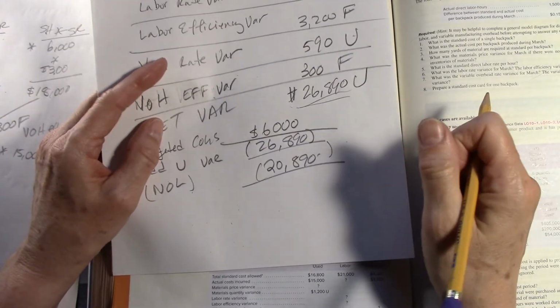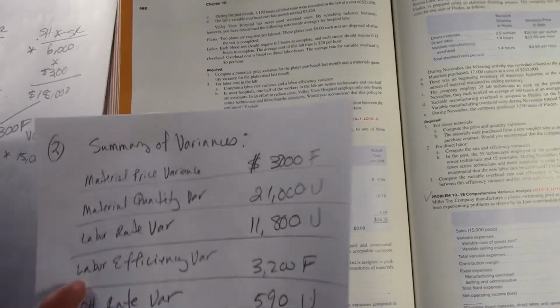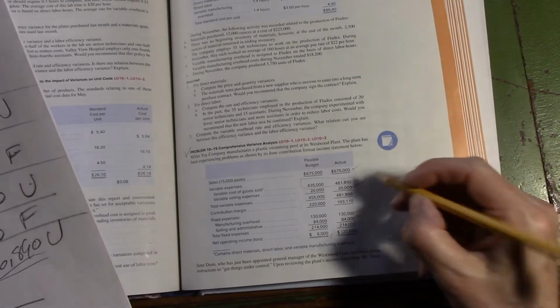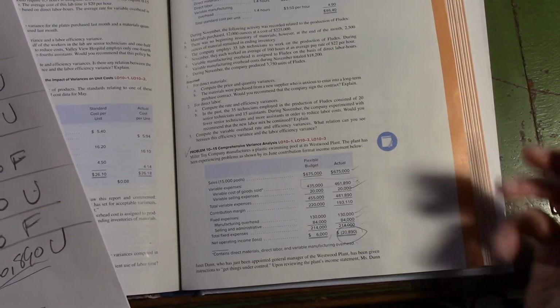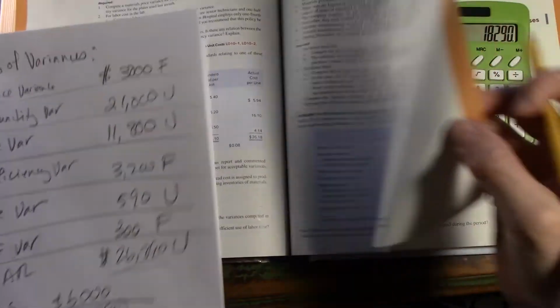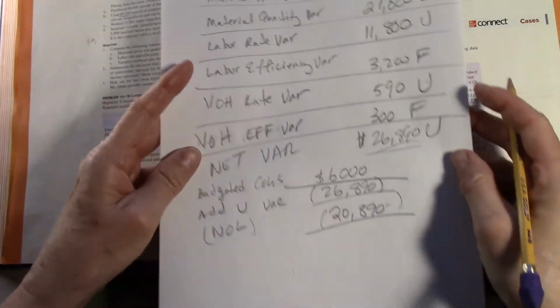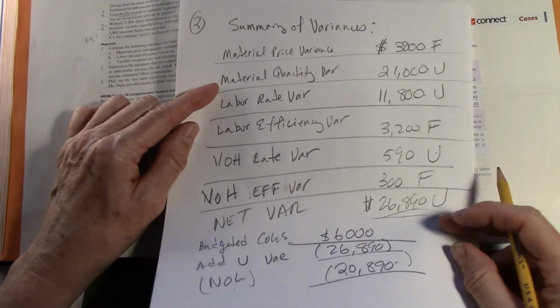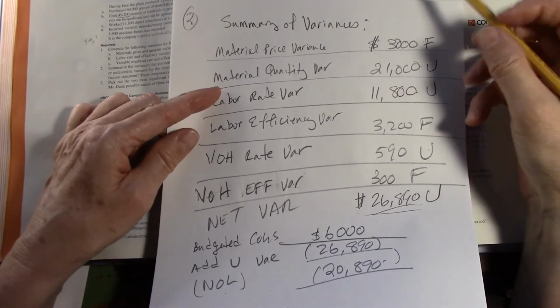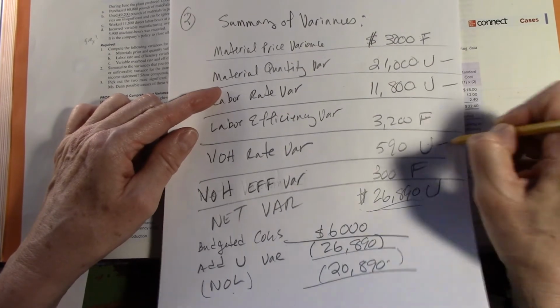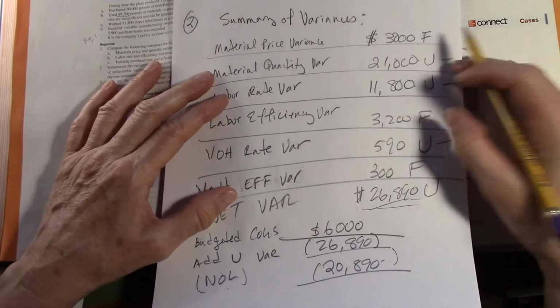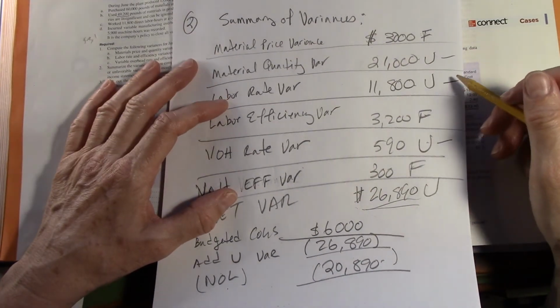So, and that happens to be, if you look over here, right? There's my variance right there. It's in this cost of goods sold, and now I know that within the cost of goods sold, I had these unfavorable variances.